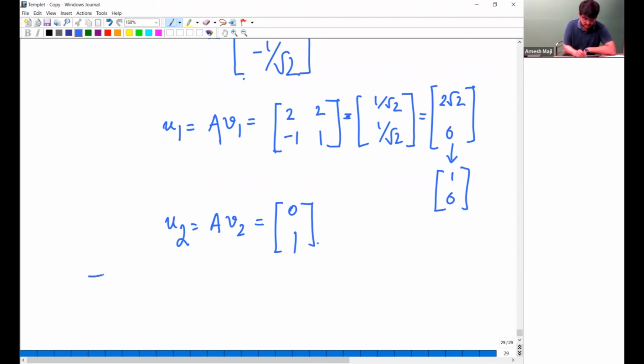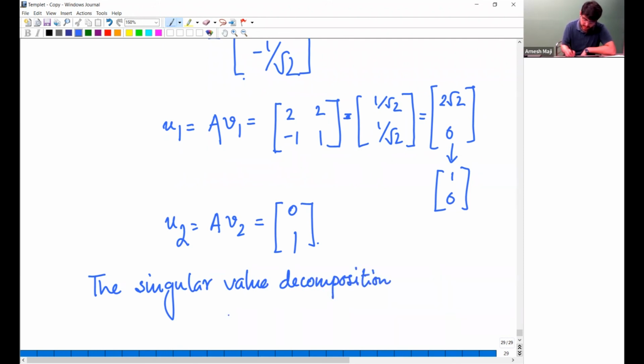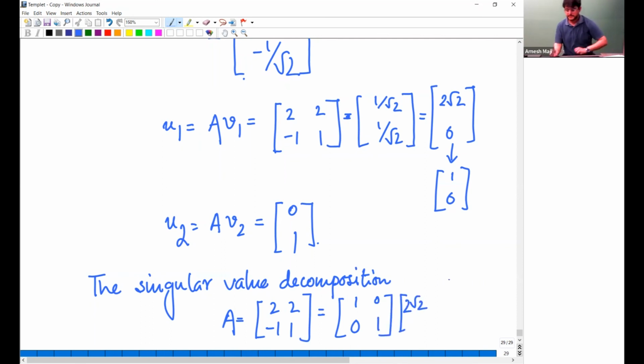Similarly, so the singular value decomposition of A, which is equal to 2, 2, minus 1, 1, will be these, the square roots of the eigenvalues, and then we'll have this vector.